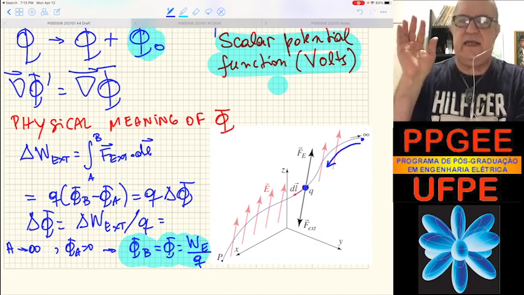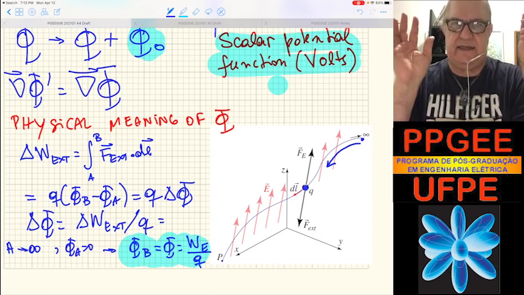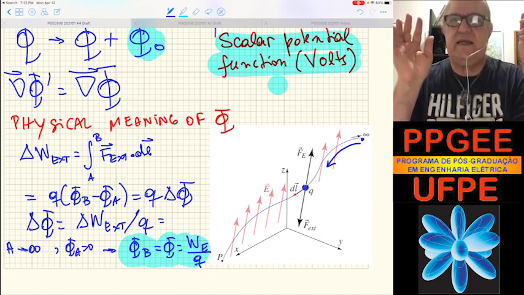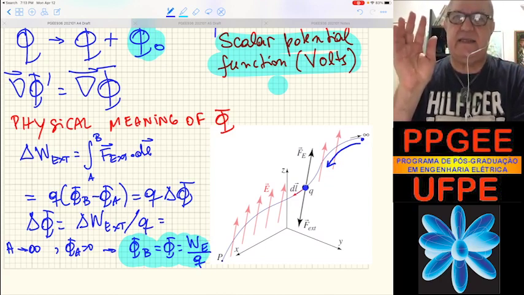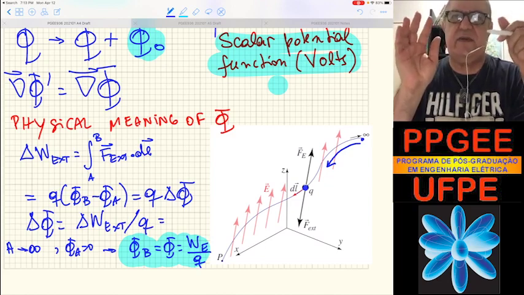But it's doing that in a quasi-static process in which the external agent equilibrates, okay, it balances the electric force that is acting on the charge at every point in the path.